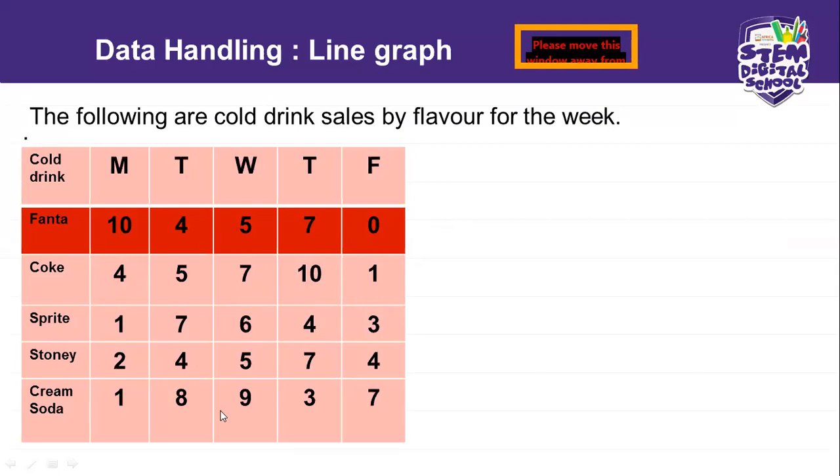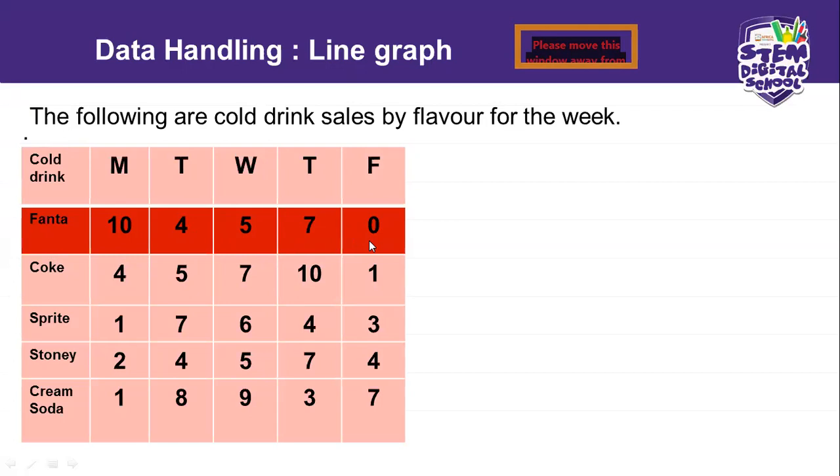There are so many things that you can do about this information. So in our case, what we have done is that we want to look at Fanta. We want to analyze what happened this week about our sale of this Fanta cool drink? So we are going to use a line graph to explain what happened this week.